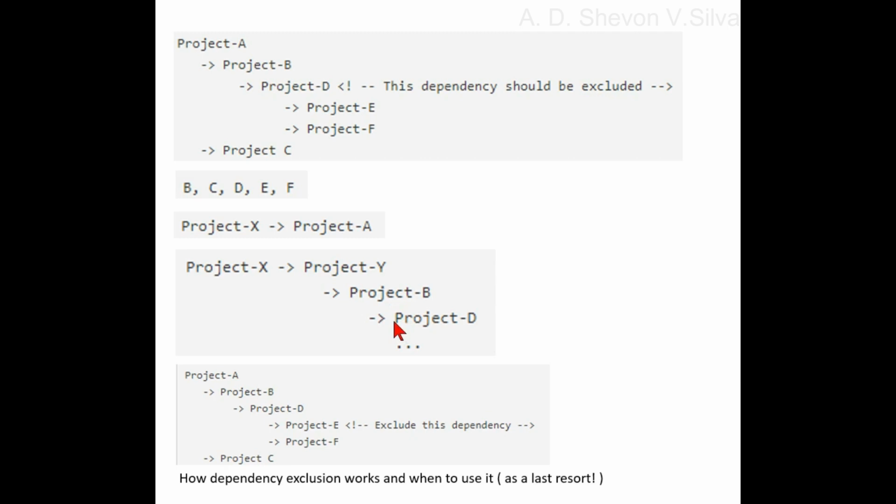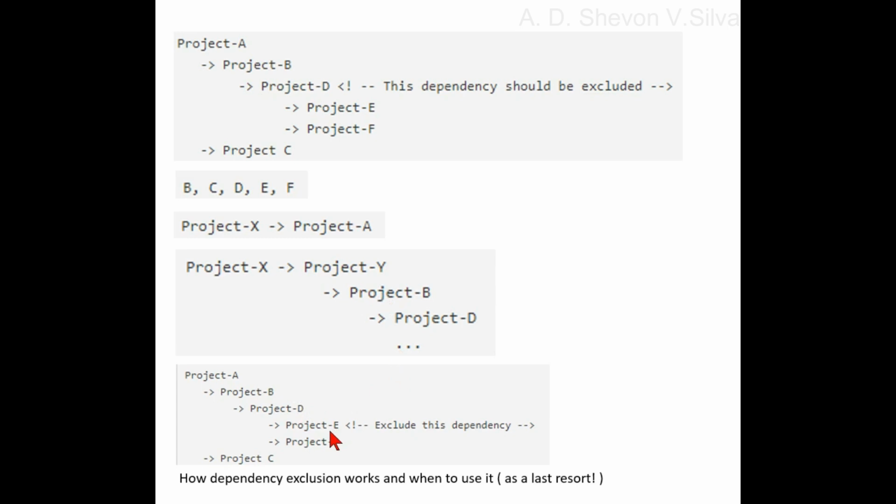It may also supply an additional repository from which it can resolve project E. In this case, it is important that project D is not excluded globally, since it's a legitimate dependency of project Y.